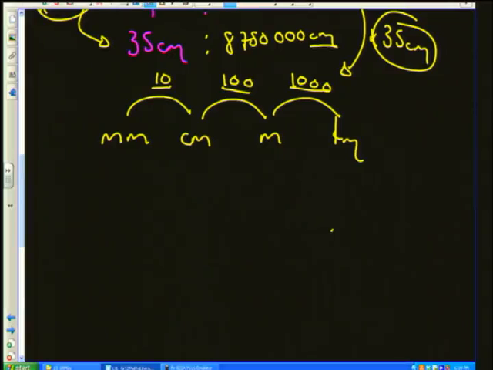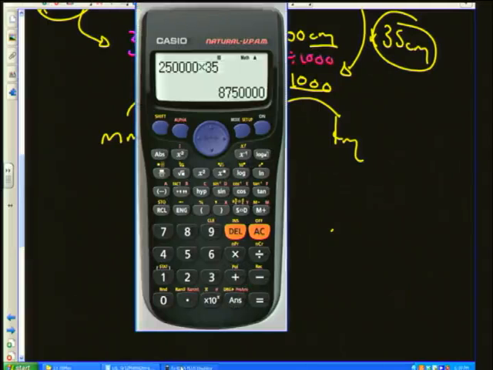So we're going to take this horrible figure here of 8,750,000 and we're going to divide it by the 100 and divide it by the 1,000. So again, I'm not going to confuse my brain. I'm going to do it on the calculator. Divide it by 100 divided by 1,000 equals, voila, here's my answer.